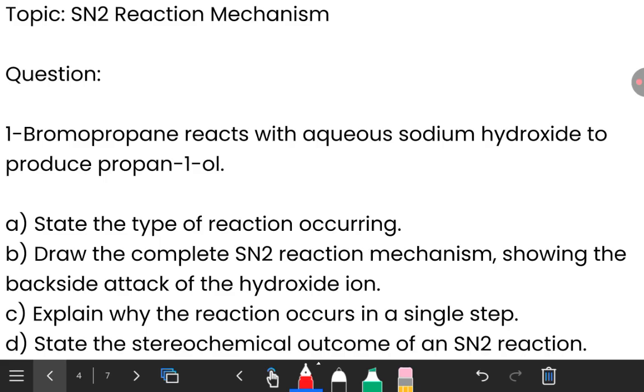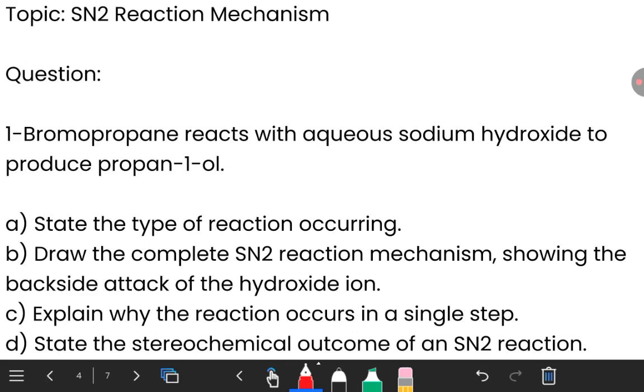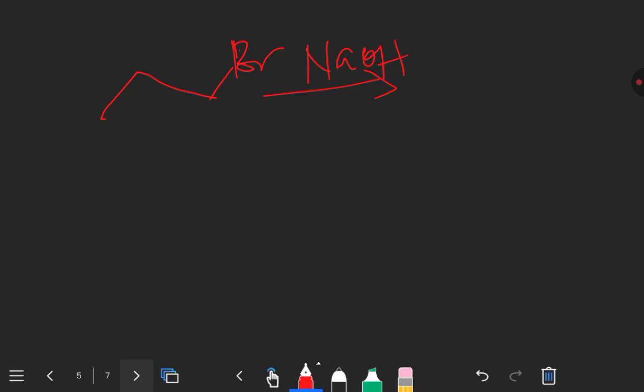It is reacting with aqueous sodium hydroxide, like that. Okay. Then they are saying state the type of reaction occurring. So we can see that all the carbons here are just primary carbons.